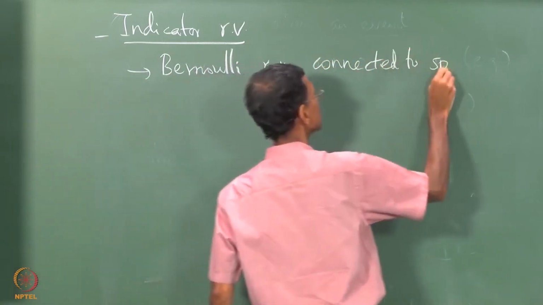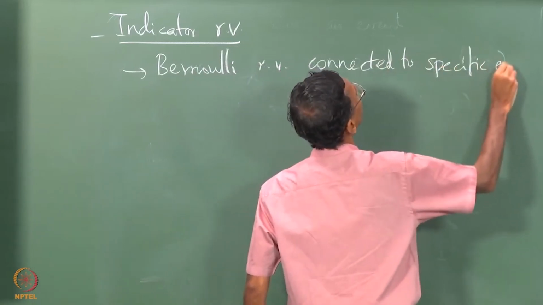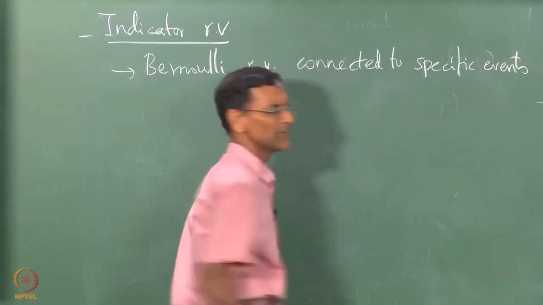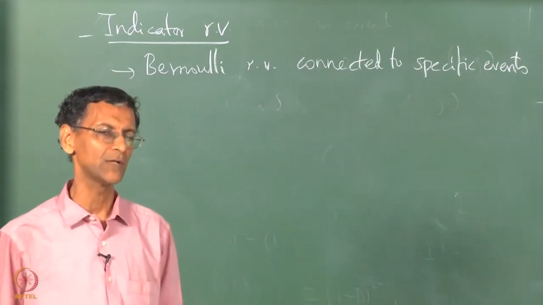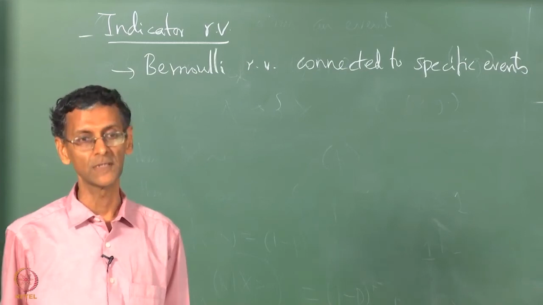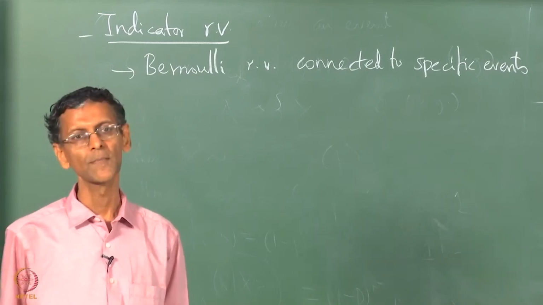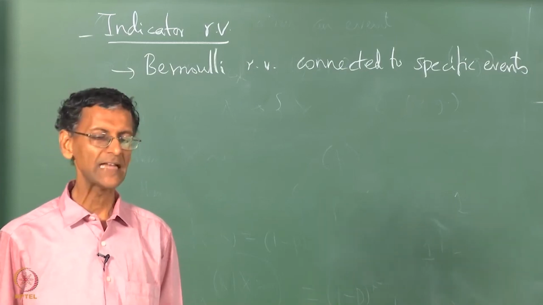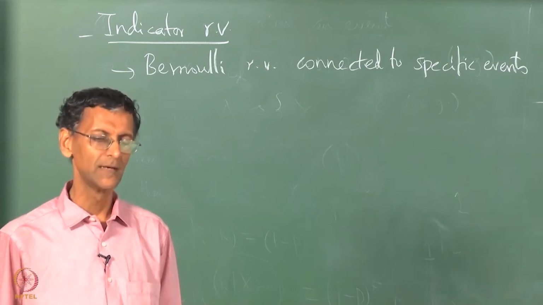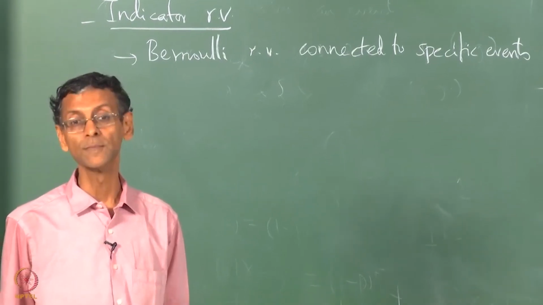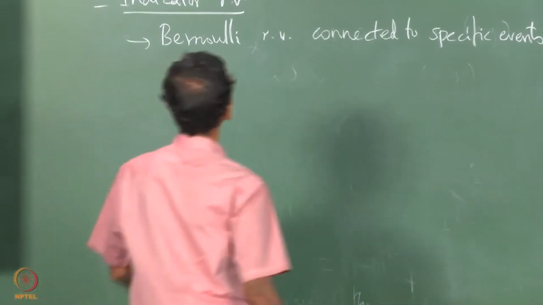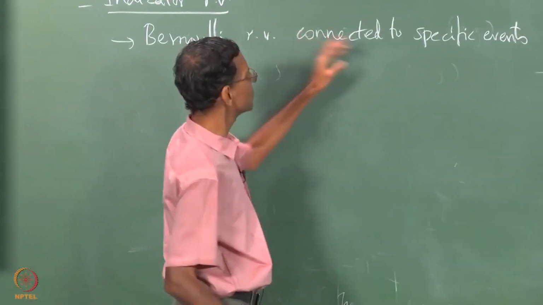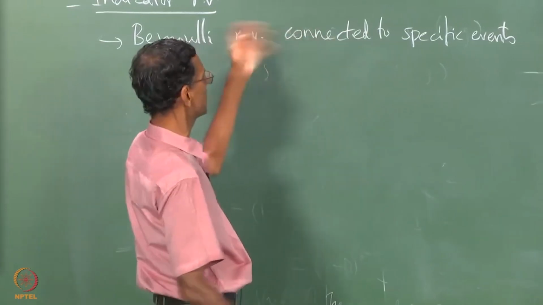These allow you to convert an event into a random variable essentially. Very simple: instead of saying the event A has occurred or not, you say the indicator is 1 or 0.